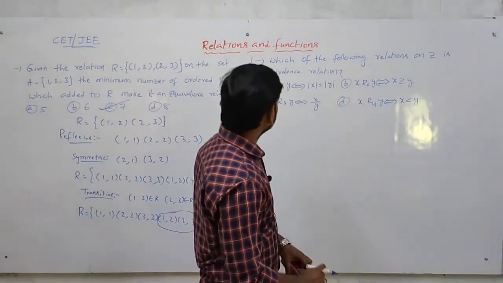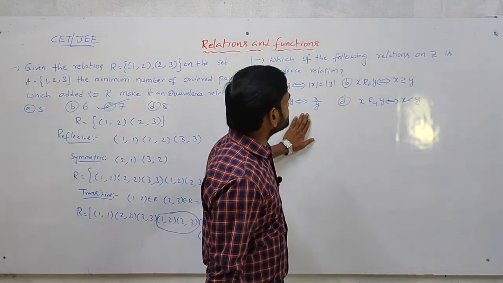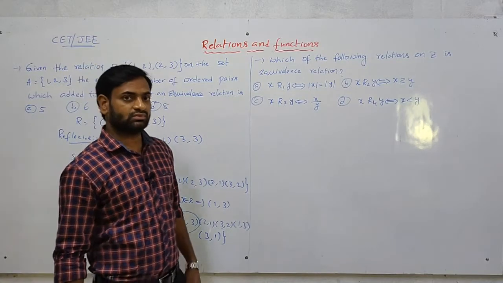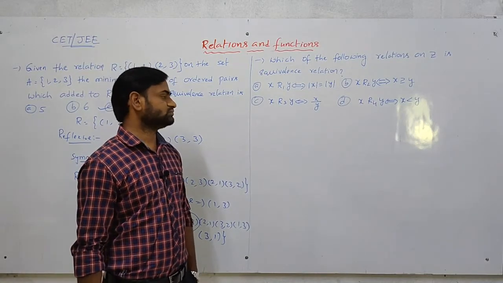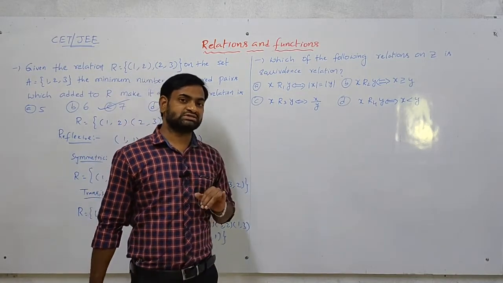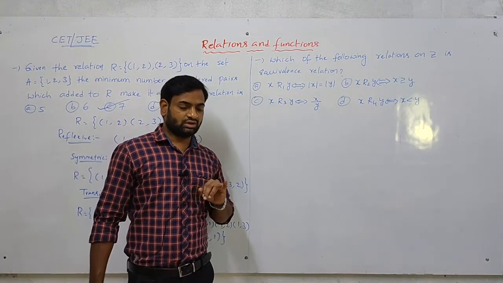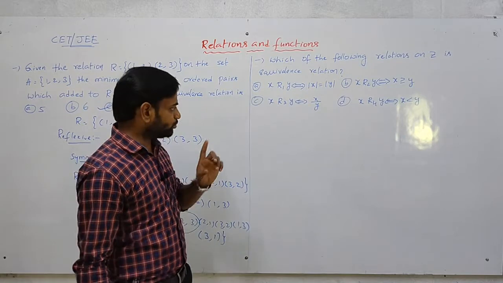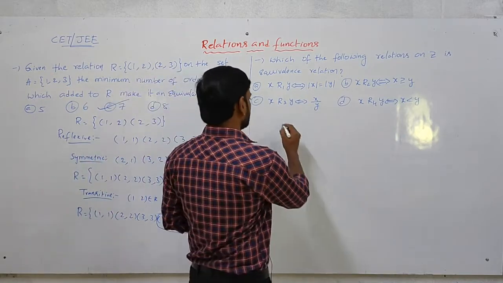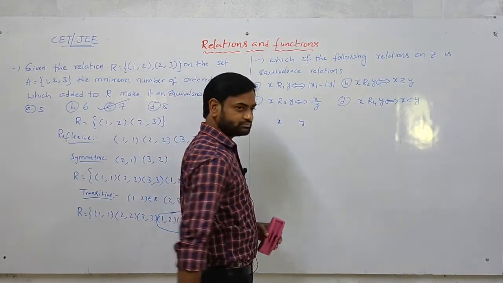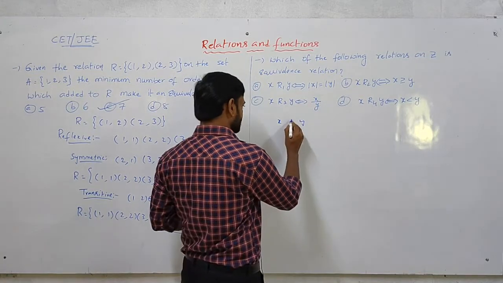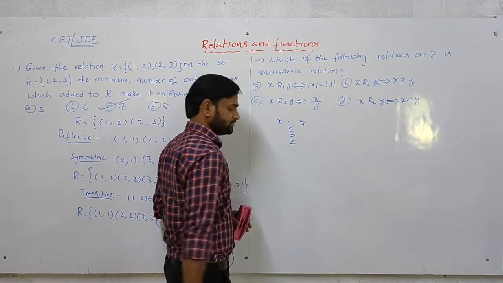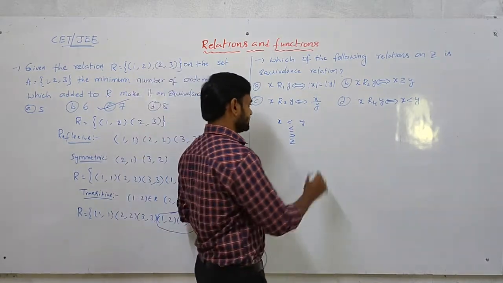Next, come to this one. Which of the following relations on Z is an equivalence relation? Which one is an equivalence relation? Equivalence means, as I told previously, reflexive, symmetric and transitive. And one more point I told previously: between x and y, less than or equal to, greater than or equal to is not symmetric.